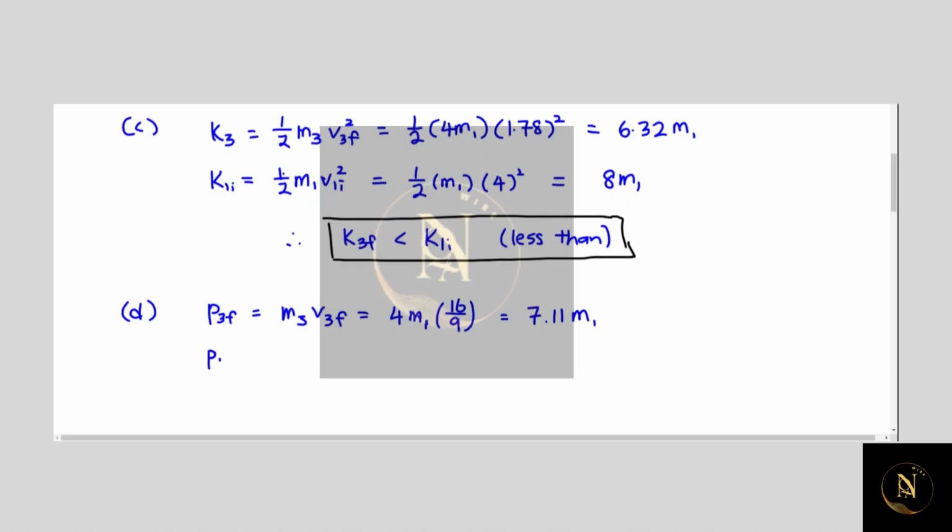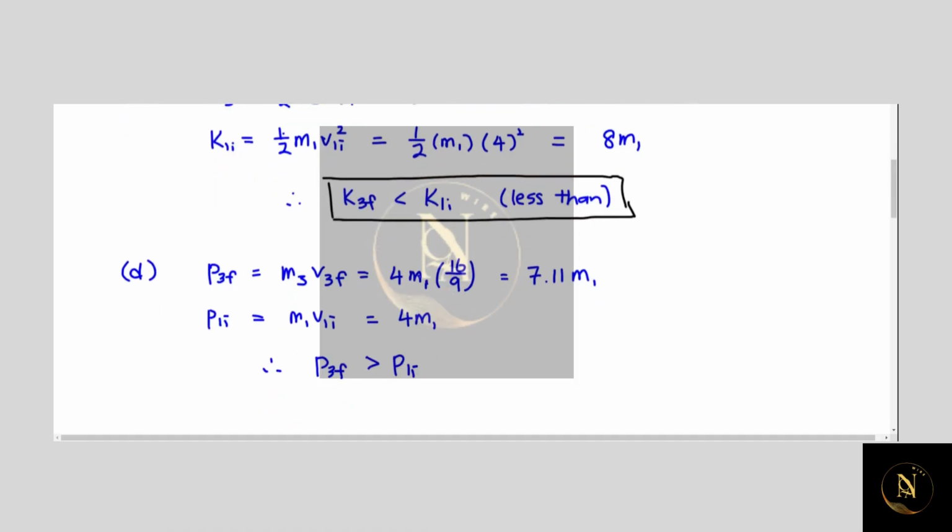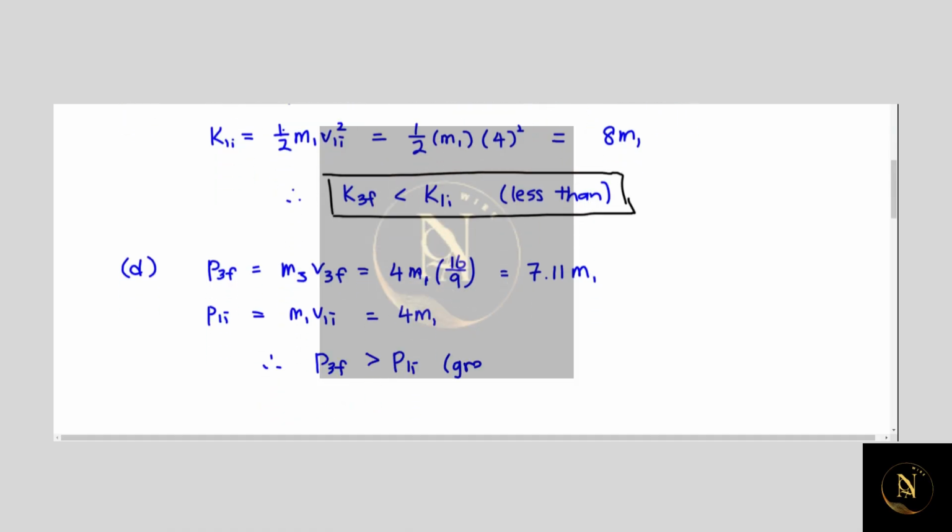P1I is M1 V1I, which is just 4 M1. So P3F, the final momentum of block 3, is greater than P1I. This is the answer for part D, and that's all for this question.